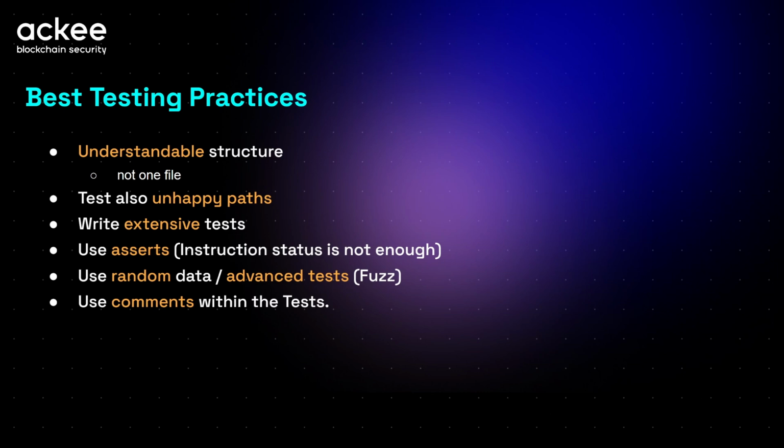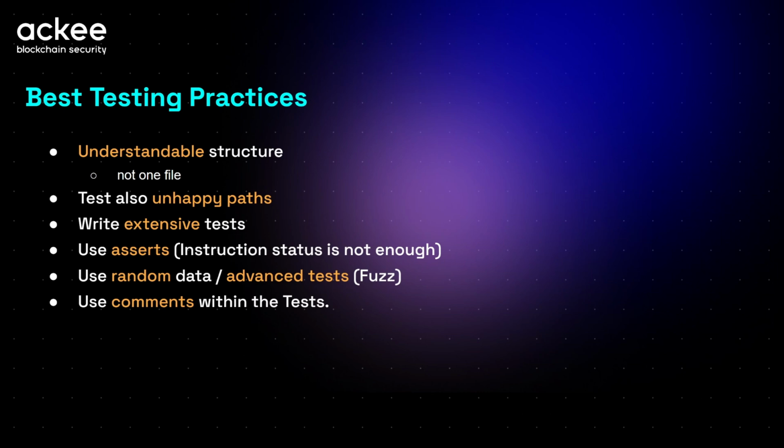From my point of view as an auditor, it is really important to check also the unhappy paths. That means you send an invalid account into the instruction and check if the instruction behaves as expected. In this case, the expected behavior is to throw an error that this account is invalid, or has an incorrect type, or has an incorrect address, and so on.